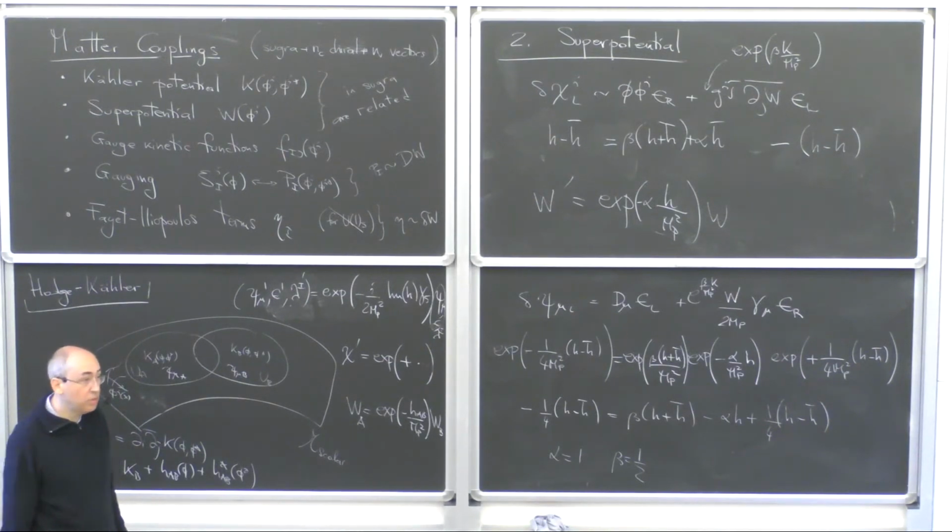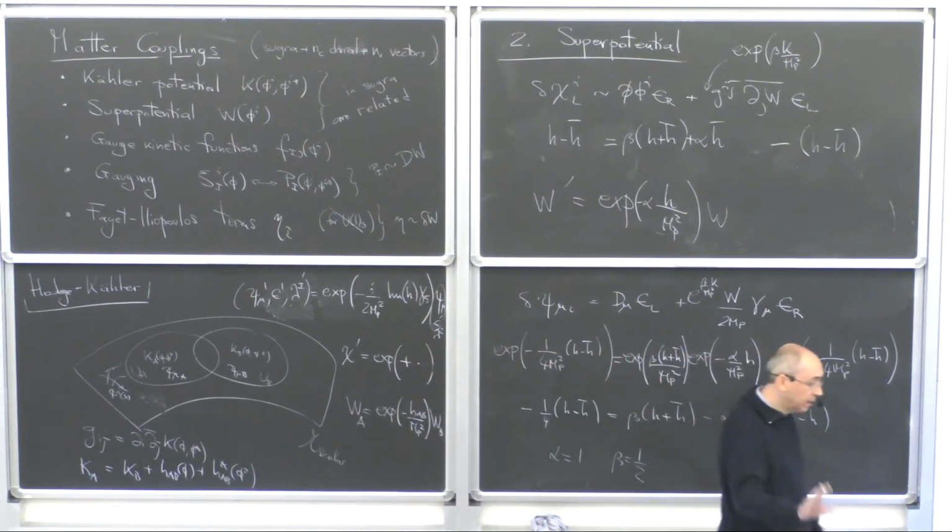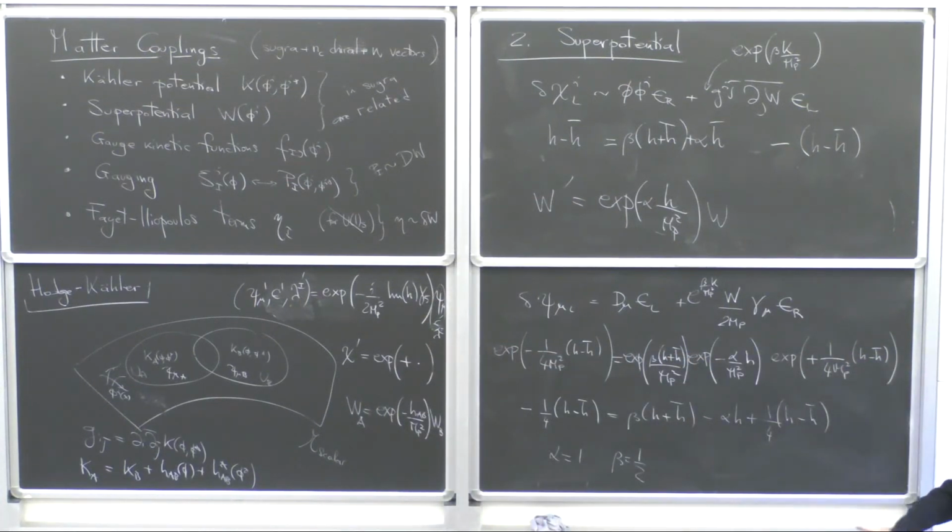Okay, so this is very different from what happens in global supersymmetry. In global supersymmetry, Kähler potential and superpotential are two independent ingredients, two independent inputs in your theory. In supergravity, the input is there is or there isn't a superpotential. Is it zero or is it not?